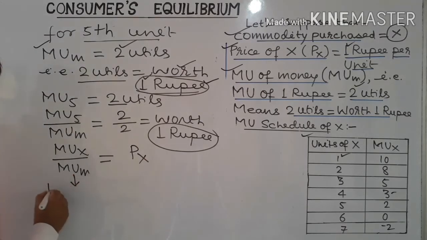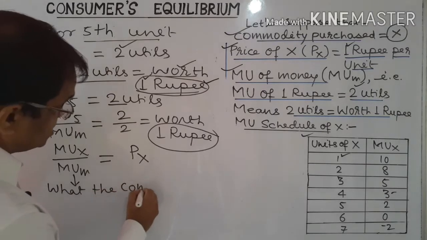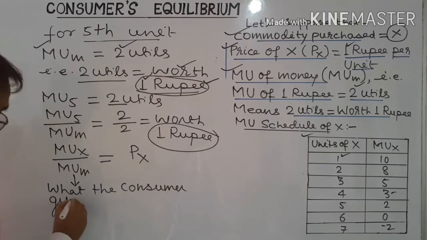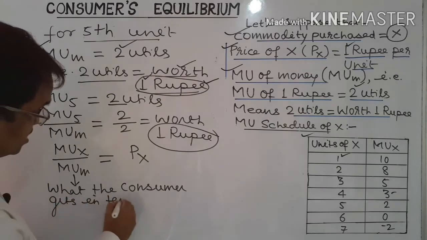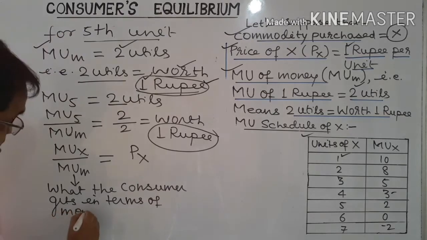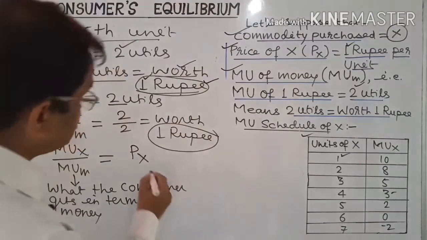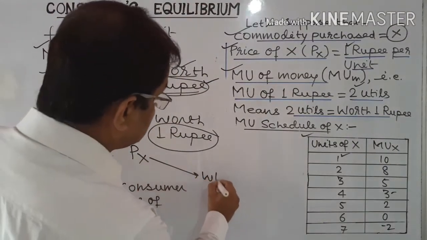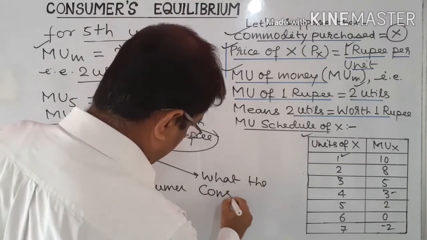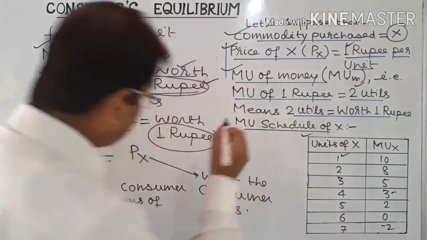Means what the consumer gets in terms of money, that is the ratio of marginal utility and the marginal utility of 1 rupee. इन दोनों का जो रेशियो जो बताता क्या है कि how much is the satisfaction in terms of money, and what is this PX, what the consumer pays, both become equal, and that is called the point of equilibrium.